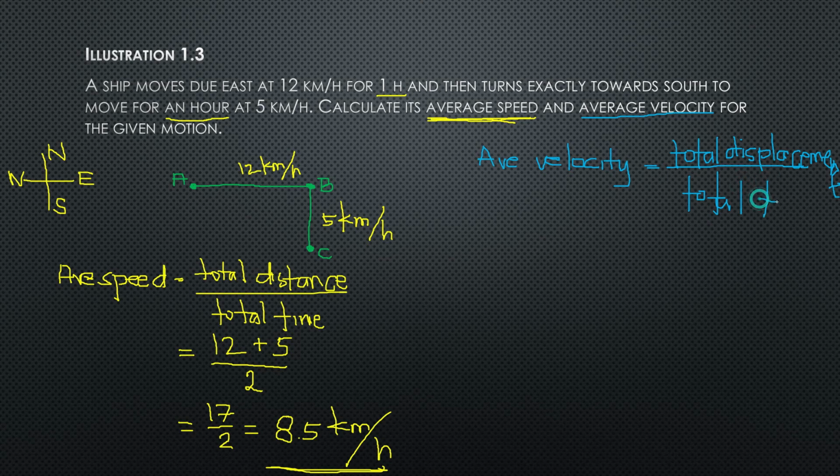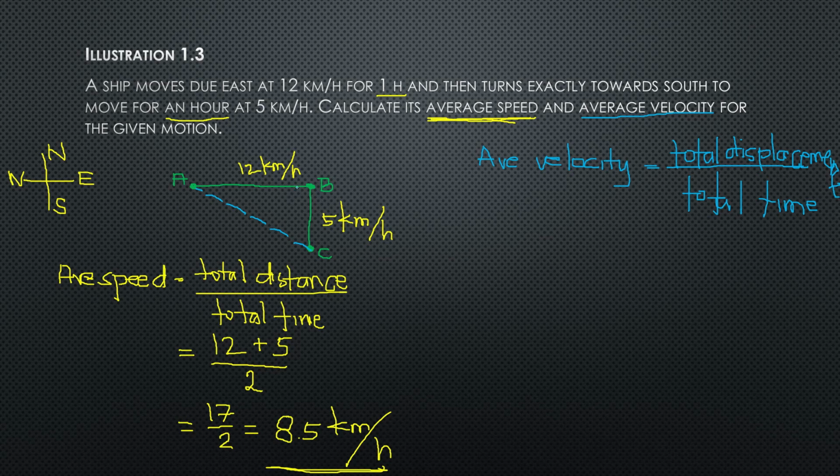So when we say displacement, that is the shortest distance from first position to the final position. So first position is at point A, and the final position is point C. So the shortest distance will be the distance A to C. So this becomes the total displacement.